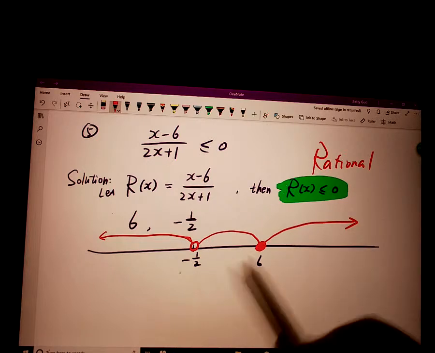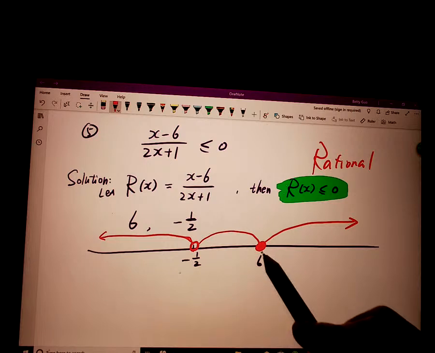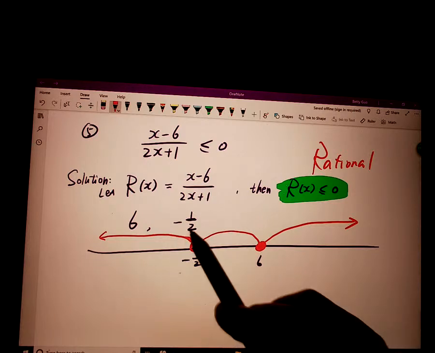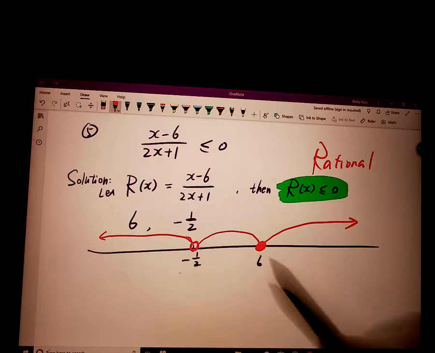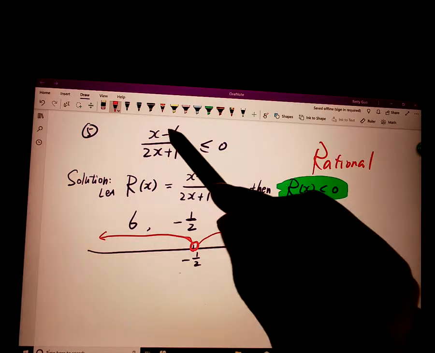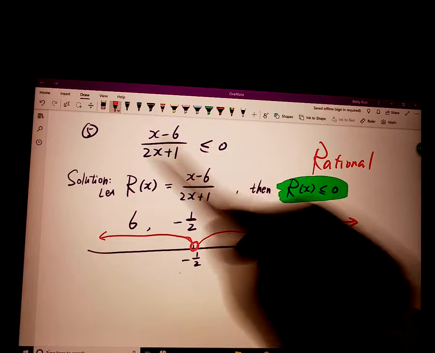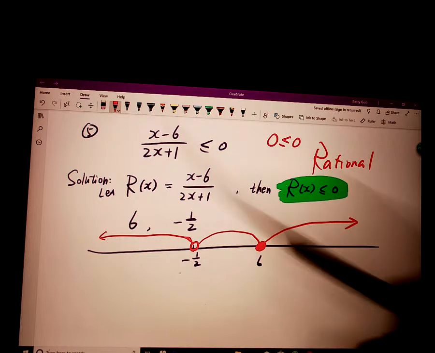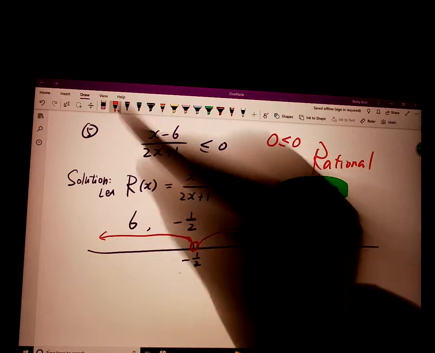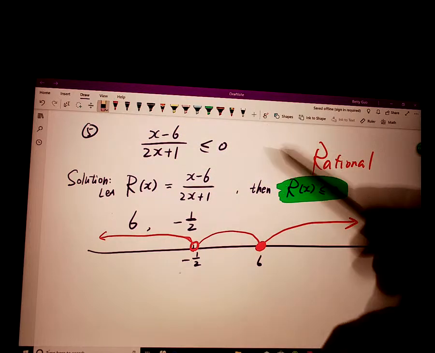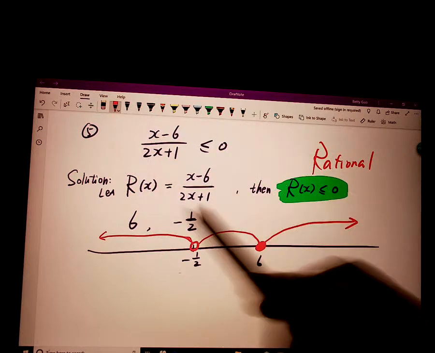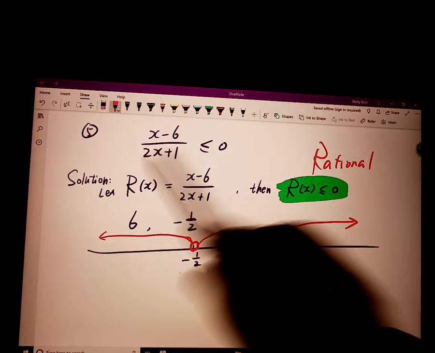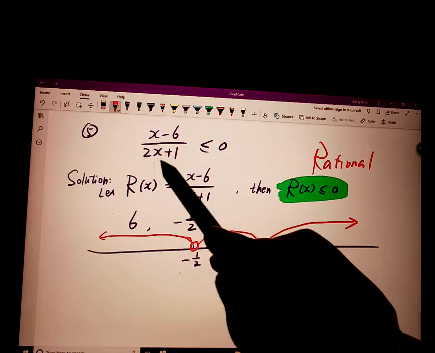Why do we include the 6 and exclude negative half? Let me explain. If we plug in x equals 6, the left-hand side would be 0. We would have a true statement: 0 less than or equal to 0 is true. That's the reason we include the 6. And why do we exclude negative half? Because if we plug in x equals negative half, the denominator is 0. Could a denominator ever be 0?